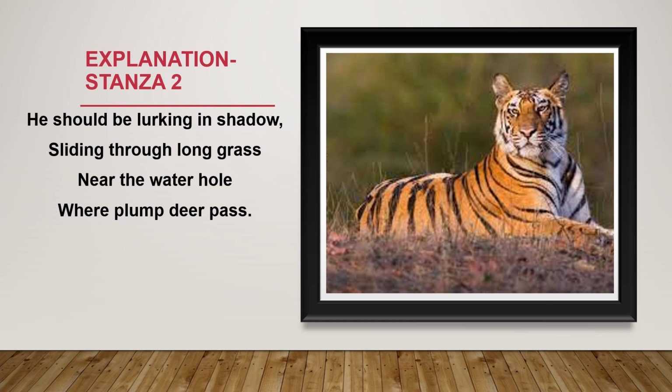There in the jungle, he would have been lying in the shadow of trees and sliding quietly through long grass. He would then, near the waterhole, lie there and wait in order to catch a deer as his prey. However, the tiger cannot do so because he is at a zoo, that too in a cage.